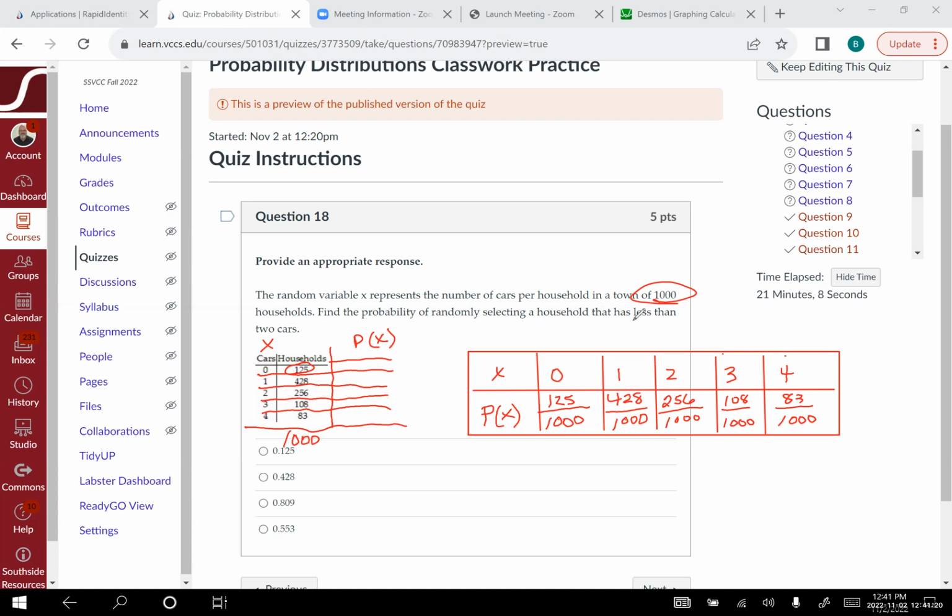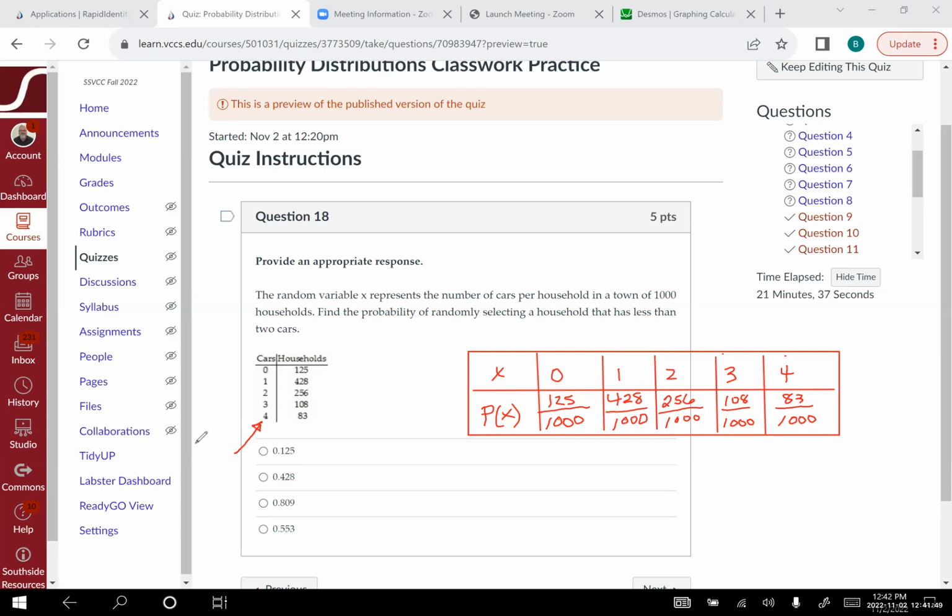A household that has less than 2 cars. So you have to take those words and determine mathematically what they're asking. Which of these values in this column are less than 2?